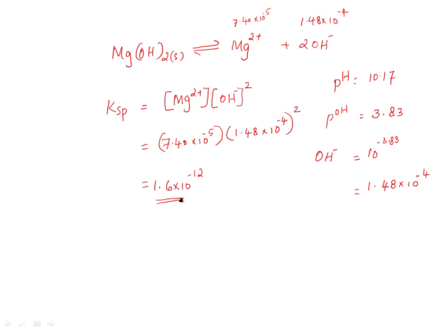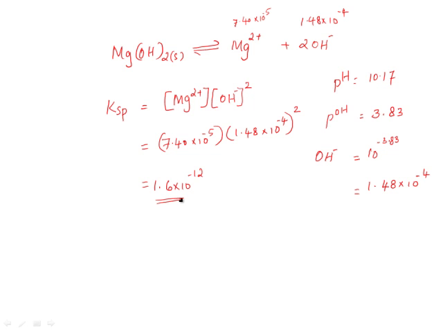At equilibrium you have X moles of Ca2+ and 2X moles of F-. Now substitute those into the KSP expression. Since the coefficient of F- is 2, F- is raised to the power 2, right? So X multiplied by (2X) raised to the power 2.